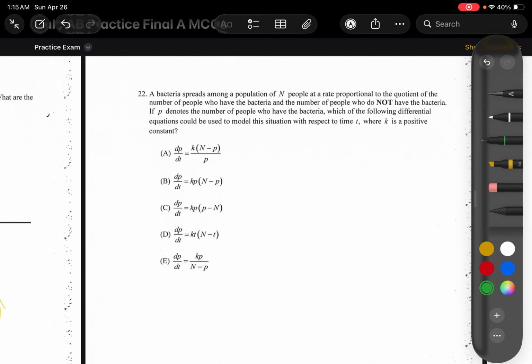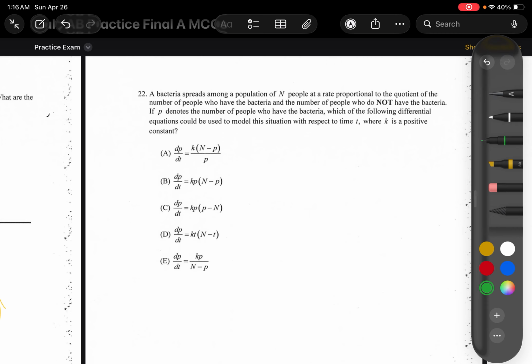Alright. So we are given, I would call this a logistic equation-ish. Not really. Actually, no. A bacteria spreads among a population of a number of people at a rate proportional to the quotient of the number of people who have bacteria and the number of people who do not have bacteria.